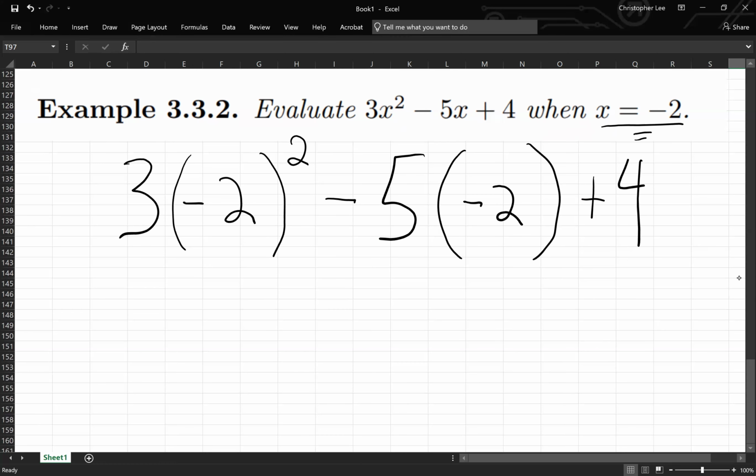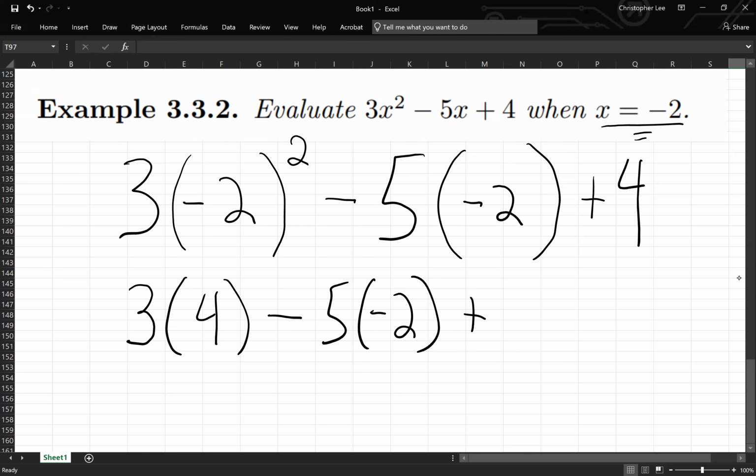So remember in PEMDAS, we do our exponents first, right? Or parentheses first, then exponents, right? So negative 2 squared, what is that? Positive 4, good. So now I'm going to rewrite this. This becomes 3 times 4 minus 5 times negative 2 plus 4. All right, help me out with this.